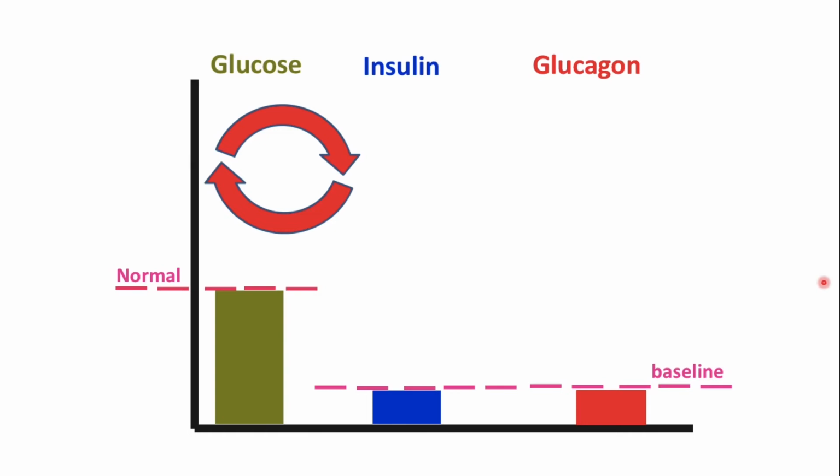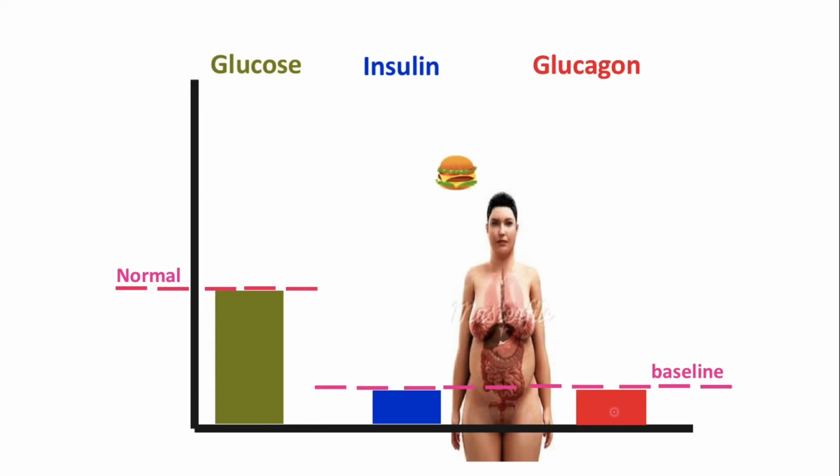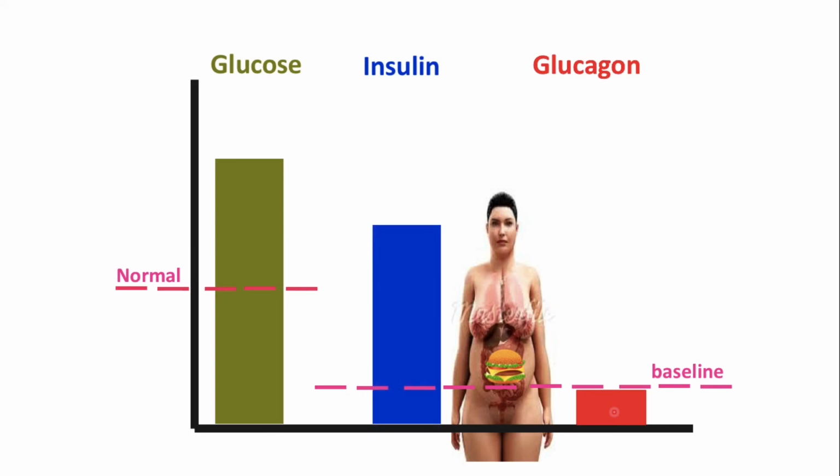Now let's take a look at the normal feedback loop of our body in regulating the blood glucose level. This illustration shows the normal level of blood glucose and also the baseline levels of the hormones insulin and glucagon. So let's take a look at how our body maintains and regulates the glucose. When we eat, the food is broken down into simple sugars and digested in our small intestine. After that, the blood glucose level increases, which will eventually send a signal to the pancreas to produce insulin, returning the blood glucose to normal.